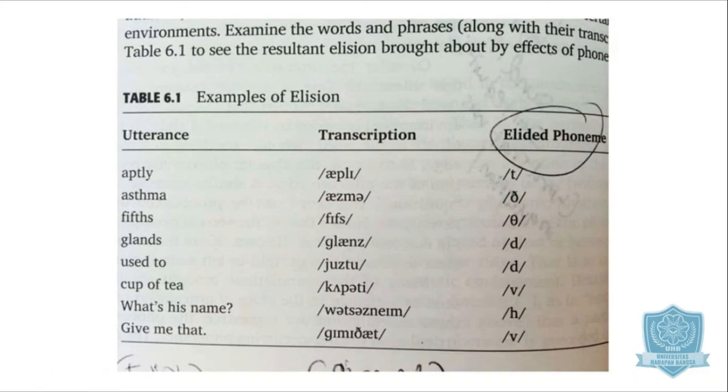Here are some other elisions, like apply. There is the elision of a letter like T here. Asthma, fifth, used to, what's his name? Give me that. Give me that.